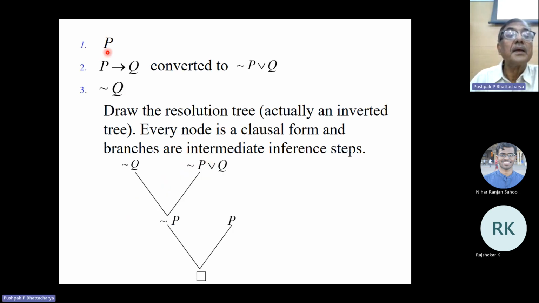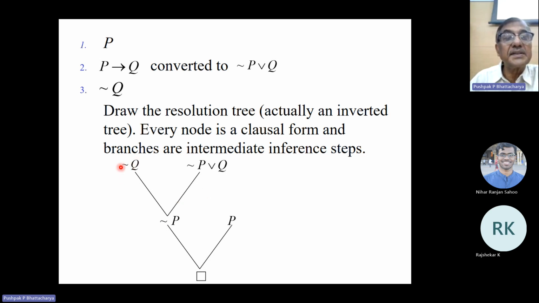Now, the basis of inferencing is modus ponens, right? Given P and P implies Q, you infer Q, but you start with the negation of Q. You start with not Q, and then arrive at a contradiction. So the resolution tree corresponding to modus ponens is this.